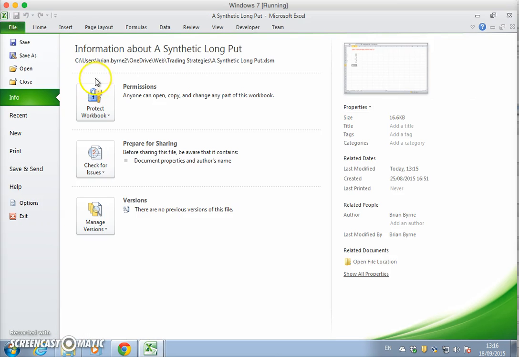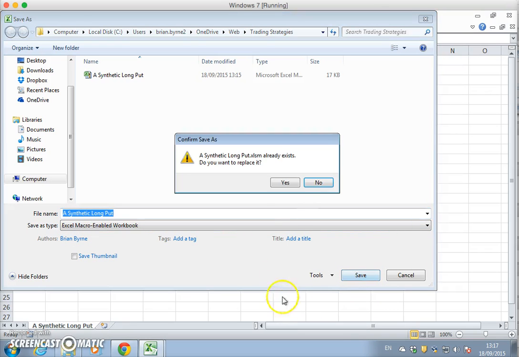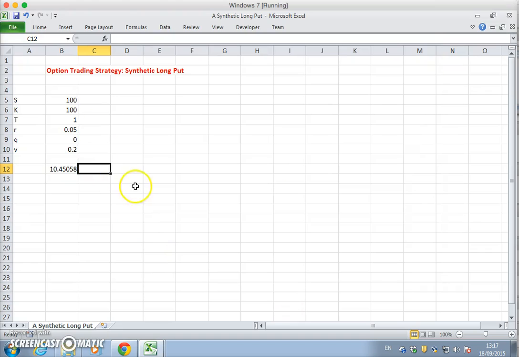It's also important when you save files, if you have Visual Basic code, to make sure you save as an Excel macro-enabled workbook. Okay, so we have 10.45.